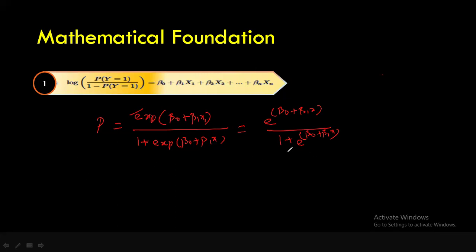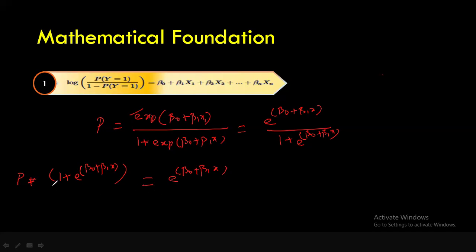Anything in the denominator, if you take it to the left side of the equal sign, becomes multiplication. So we have p into 1 plus e to the power beta naught plus beta 1x, and we are left with only the numerator on the right side, e raised to the power beta naught plus beta 1x.